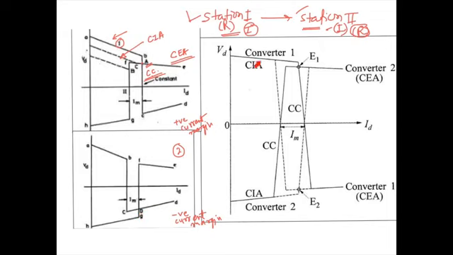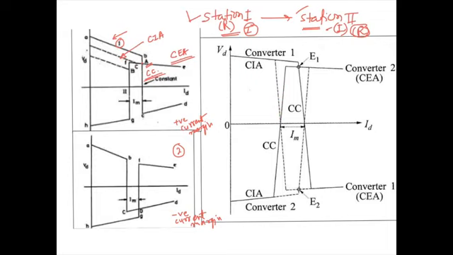This is the combined characteristic given in figure 1 and figure 2, where you can notice that this is the constant ignition angle characteristic when station 1 is acting as a rectifier, and this is CC of the rectifier. Similarly, this is constant extinction angle characteristic of converter 2, which is acting as inverter or station 2, and then this is CC of inverter.